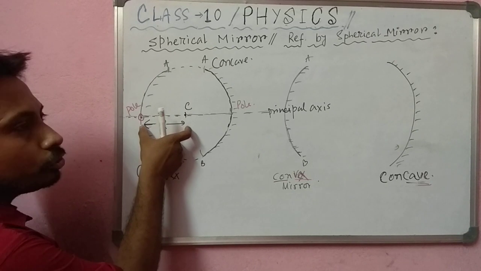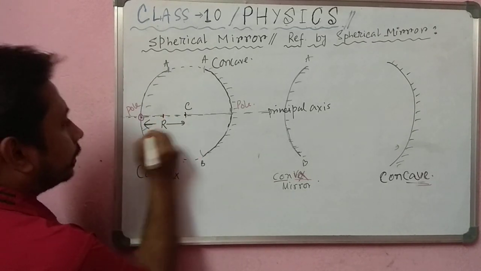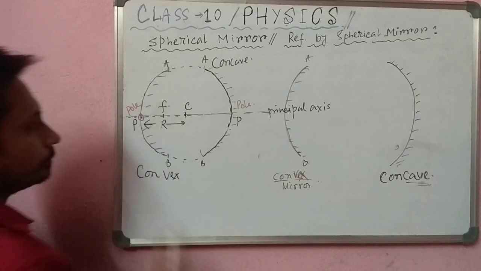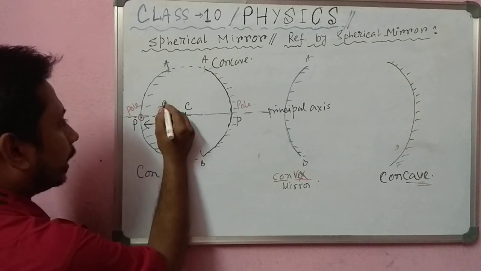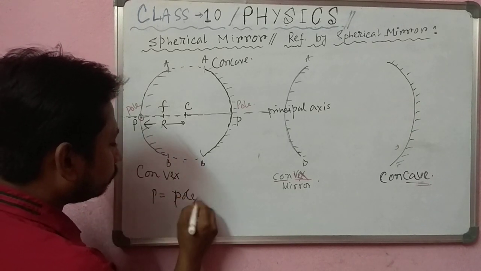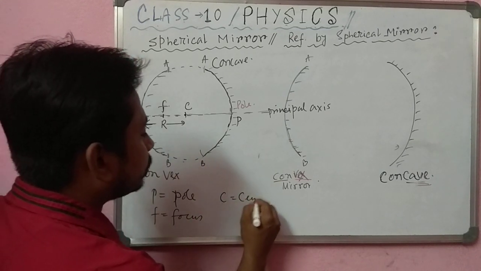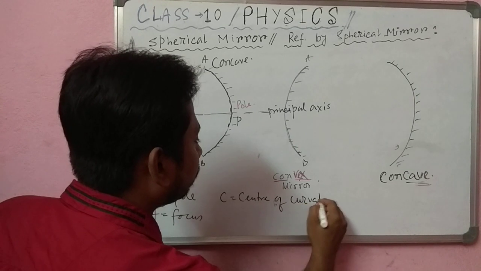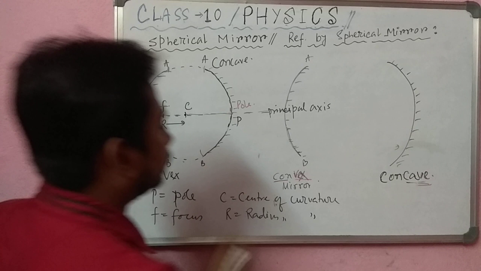The distance from pole to C is called radius of curvature, and the midpoint between pole and C is called focus. F means focus, P means pole, C means center of curvature, and R means radius of curvature.